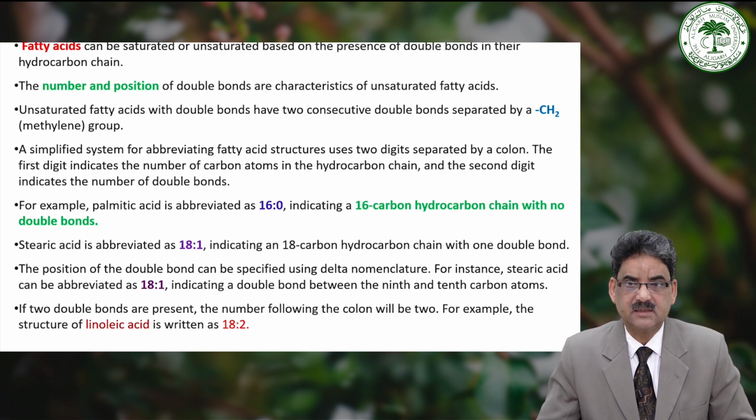Fatty acids exhibit a dichotomy between being saturated or unsaturated, determined by the presence of double bonds in their hydrocarbon chain. The defining characteristics of unsaturated fatty acids lie in the number and positions of these double bonds.